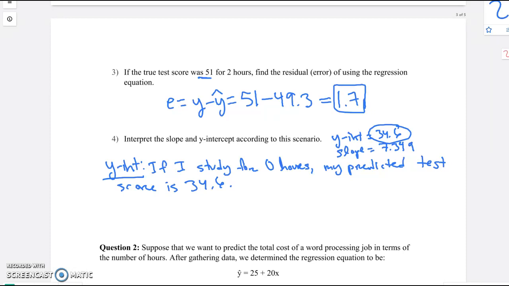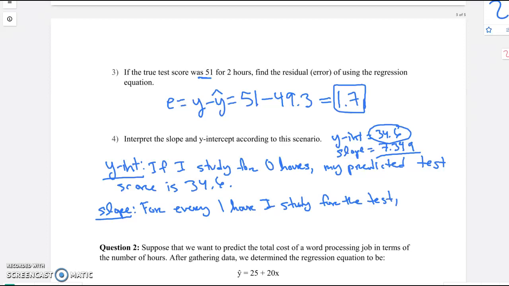Okay. Now, what is the slope telling us? The slope is 7.349. What the slope means is for every 1 unit I increase x, how much is my y increasing? So for every 1 hour I study for the test, how much am I increasing my test score?